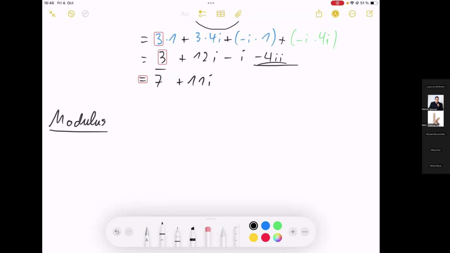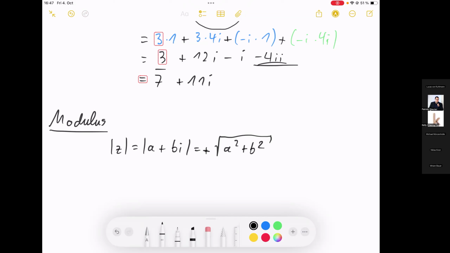Imagine we have a complex number z, for example. We want its modulus. That means we have our a plus bi, and to calculate this modulus, we take the square root of a squared plus b squared, and obviously we take the positive one here.